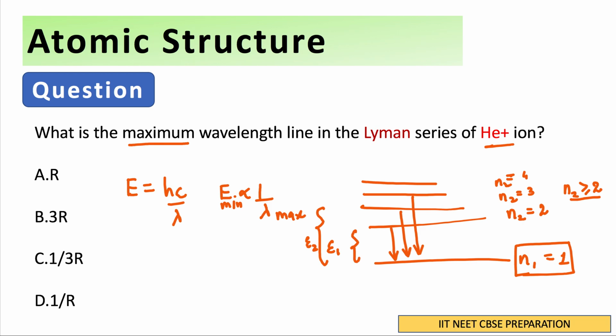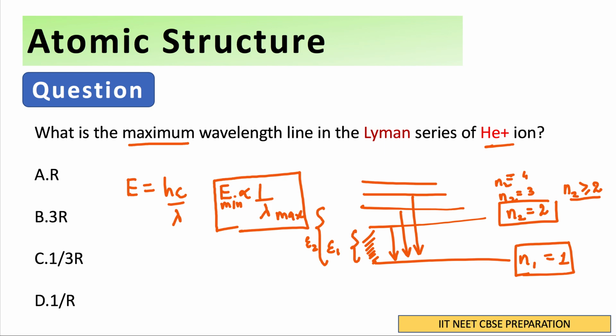As you go to higher levels, the transition goes to n2, n3. If the transition is from n2 equal to 3, or from n2 equal to 4 to n1, then more energy is needed. So the least energy is needed from n2 equal to 2, right? So we want maximum wavelength, so we want minimum energy. That is the main concept.